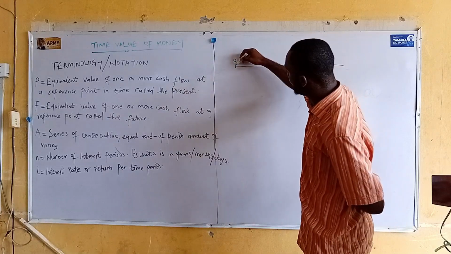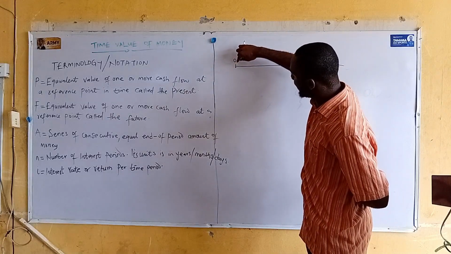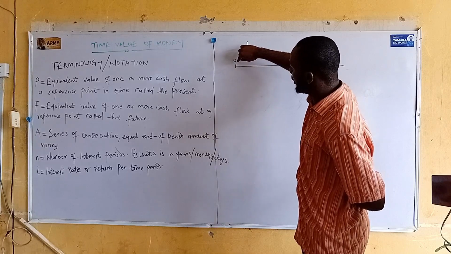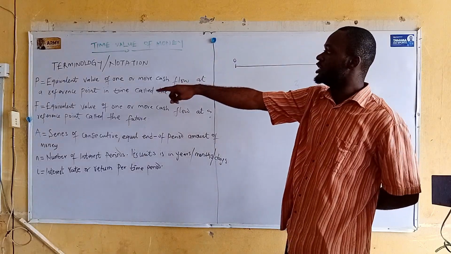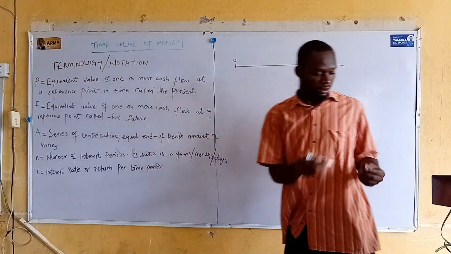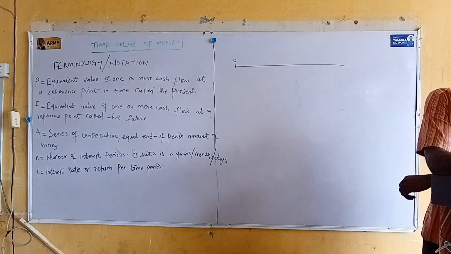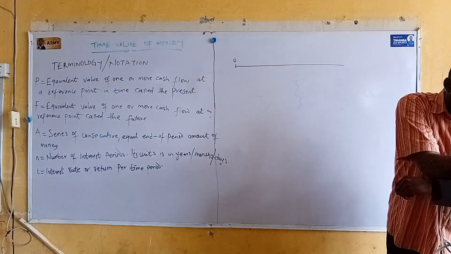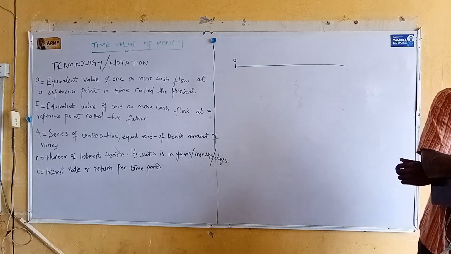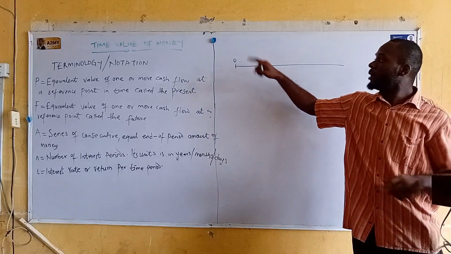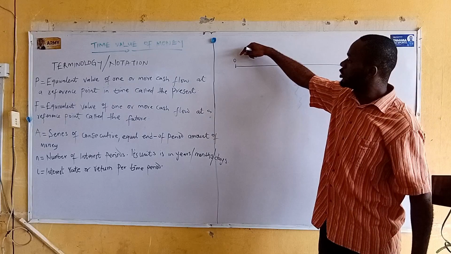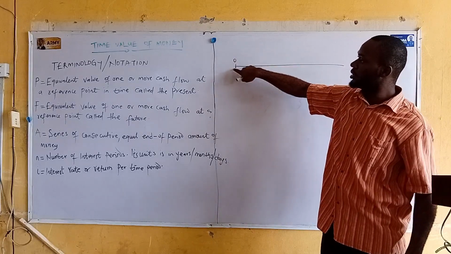So the value of any money at a particular point in the present is denoted as what? P. For example, if you are told that you plan to borrow 15,000 to help you buy two wheelchairs, the amount you plan to borrow is in the present.